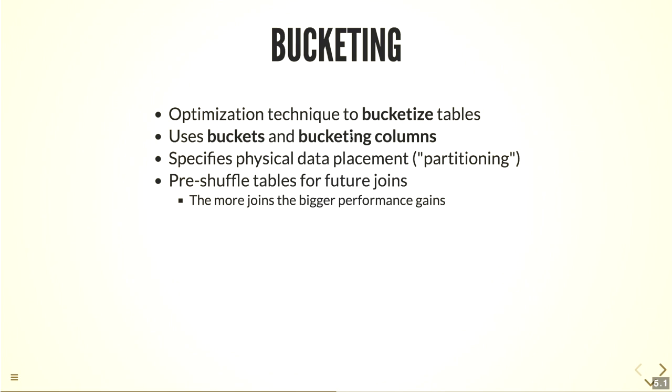So if it's for one or two joins, it might not be very worthwhile. But if it's for 10 joins, ooh, that's something I would consider and apply and just give it a shot and see if it improves my queries or not, okay? So again, the more joins, the better the performance gains, okay? That's exactly why we're here. We are processing big data, we've got tons of joins, so now we can use it.